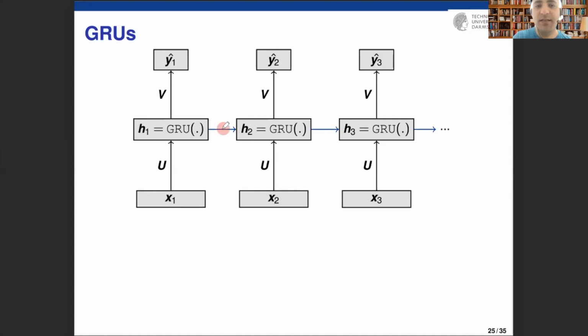Instead of using a linear combination of the previous hidden state and a linear combination of the input token to compute the value of the hidden state at each step, we assume that the hidden state is a GRU unit that takes the vector representation of the input token and the vector representation of the hidden state in the previous step, and combines them with the GRU method. But how? We will see it in the next slides.